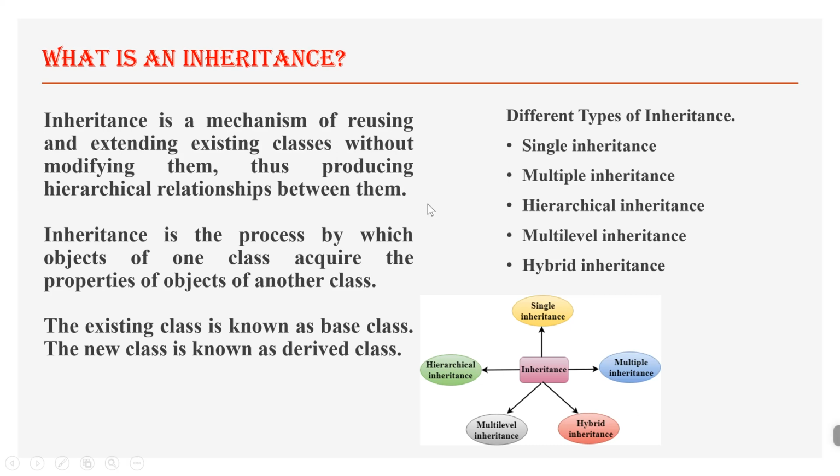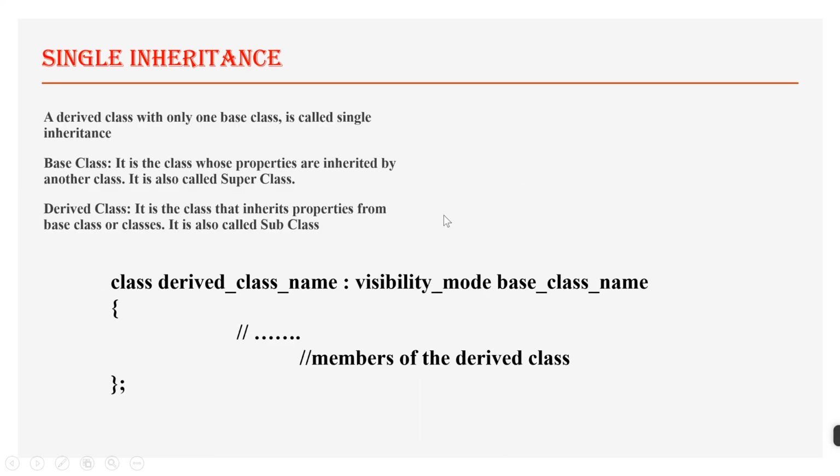So now we shall see the very basic concept, that is, single inheritance. So what is a single inheritance? It is a property wherein a derived class, means a class is derived by taking some of the properties from the parent class.